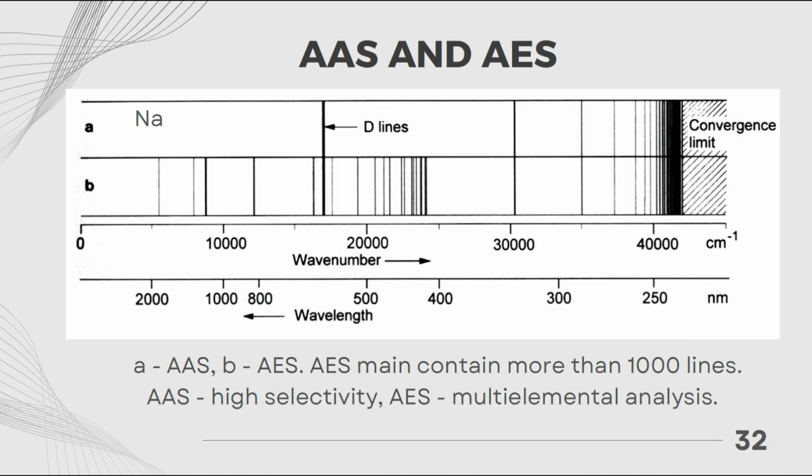However, the emission spectrum contains more lines, and an atomic emission spectrum can even contain more than 1,000 lines. As far as I know, it can be 5,500 lines, so too many of them, which you will not see in atomic absorption.